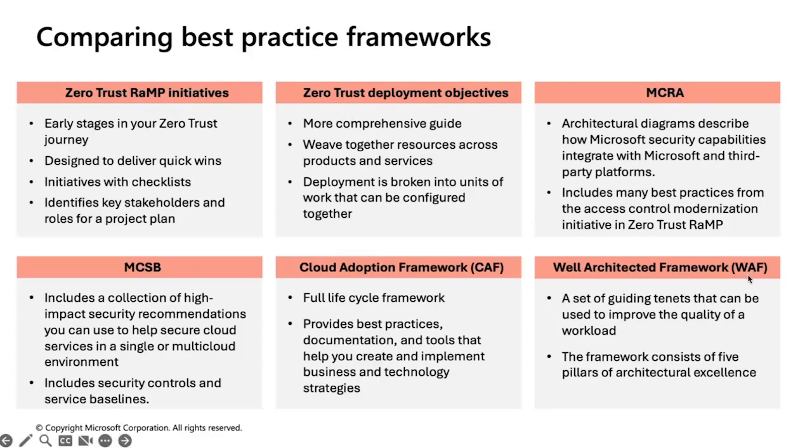Whereas WAF is designed for assessing your environment from a design perspective. We have this assessment tool for 5 different pillars, especially for security. This will ask questions and give you design considerations on what is missing based on your answers and what you can do to enhance security. So these are the 6 different things that we have in these best practice frameworks.